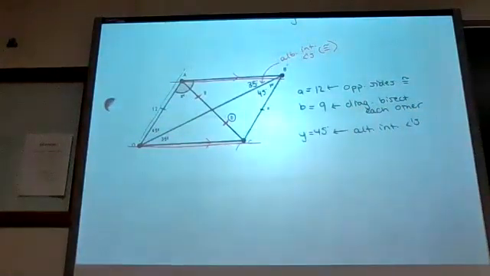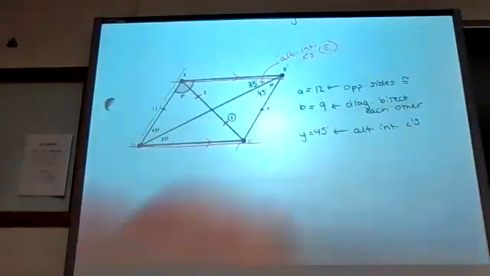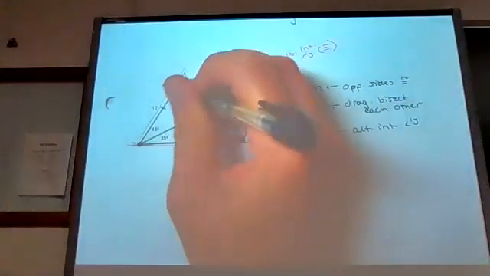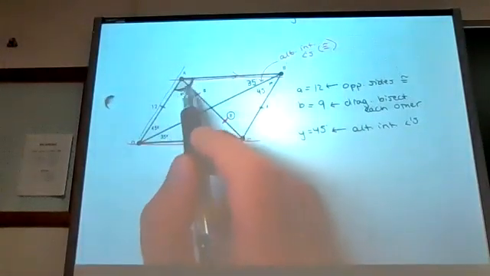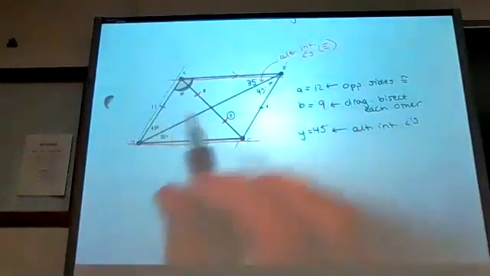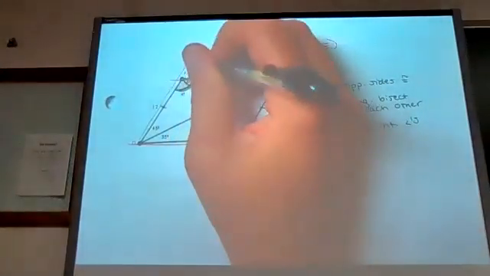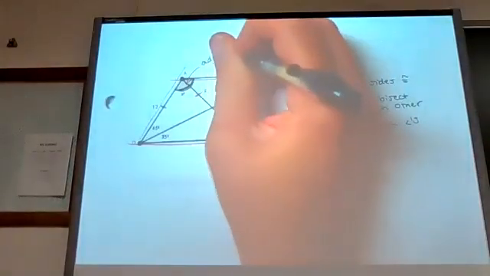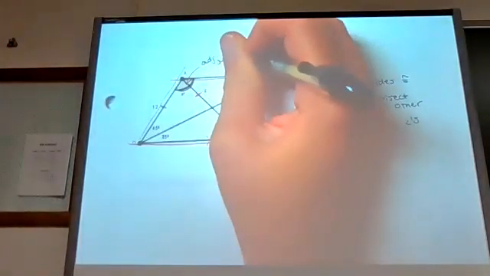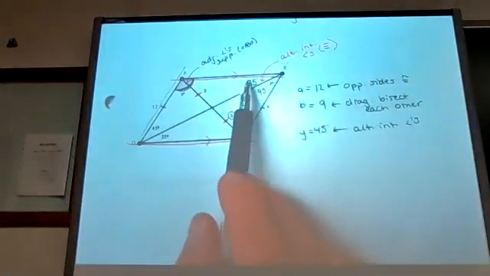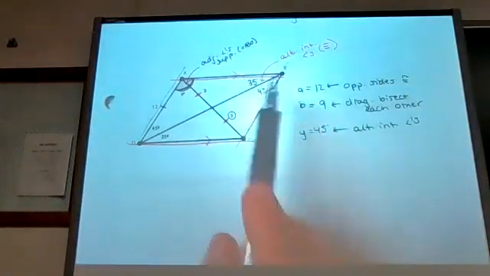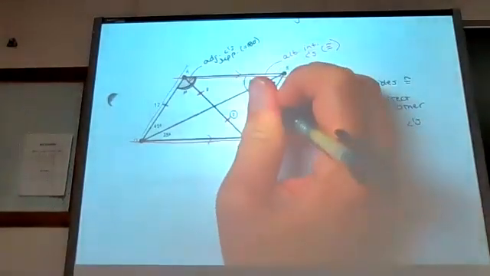Now they do kind of a bad job labeling X. For X, it's this whole angle. That's why it's shaded there. So X is not just this piece, it's the whole angle. What they're using is that adjacent angles are supplementary or equal 180. The tricky piece is that this angle is broken up. What is this entire angle?